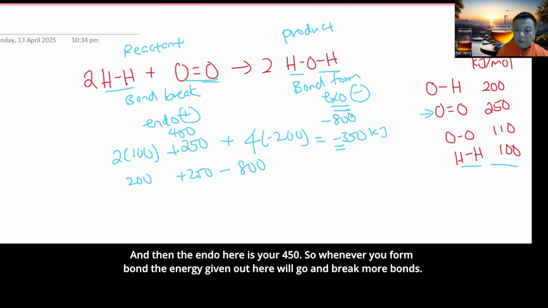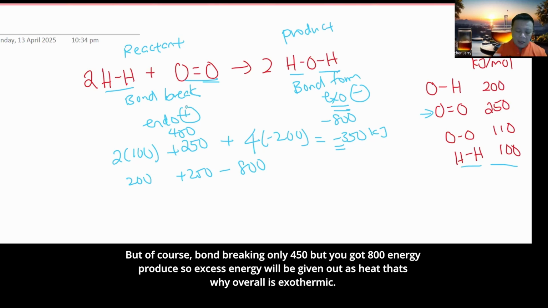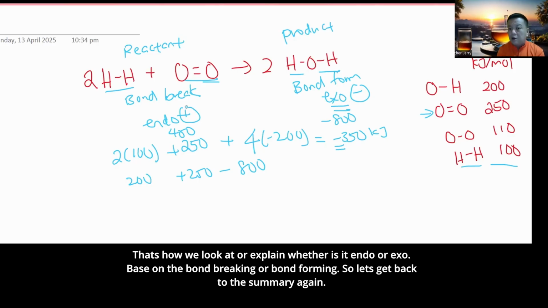So whenever you form bonds, the energy given out will go and break more bonds. But of course, the bond breaking is only 450, and you got 800 energy produced. So the excess energy will be given out as heat. That's why overall it is exothermic. That's how we explain whether it's endo or exo, based on bond breaking and bond forming.